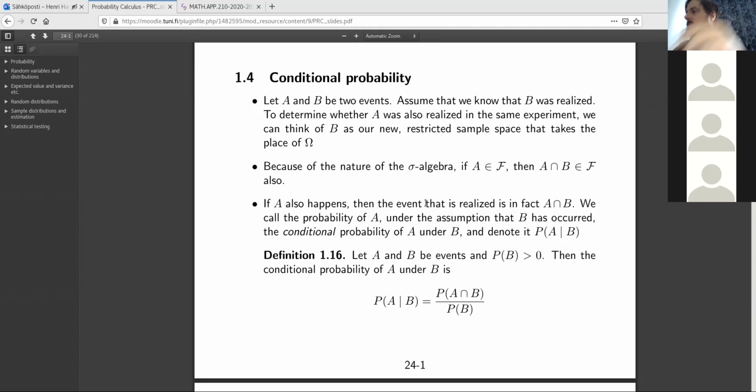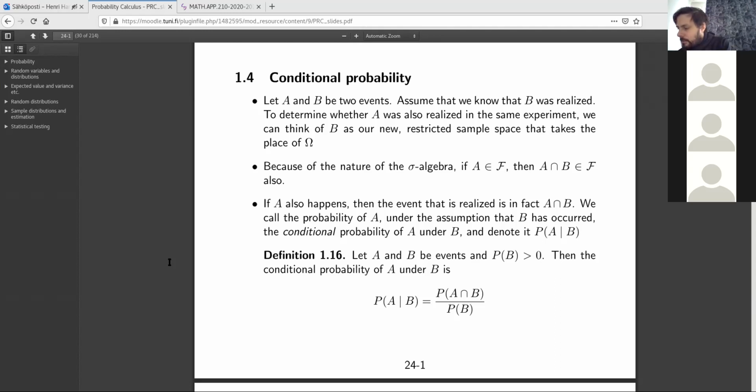So let me draw a picture of this, to try to give you an idea. So here's the set of all possible events. Before we observe anything, we know only that when we conduct an experiment, something from this box happens. We don't know what.